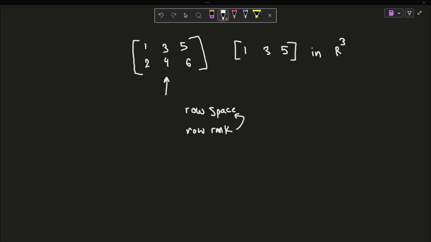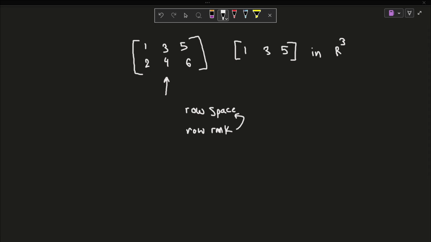And what follows is that the dimension is going to be how many non-zero rows there are. So if we have 2 non-zero rows, that's going to be our rank, our dimension. So it's actually really quite simple.